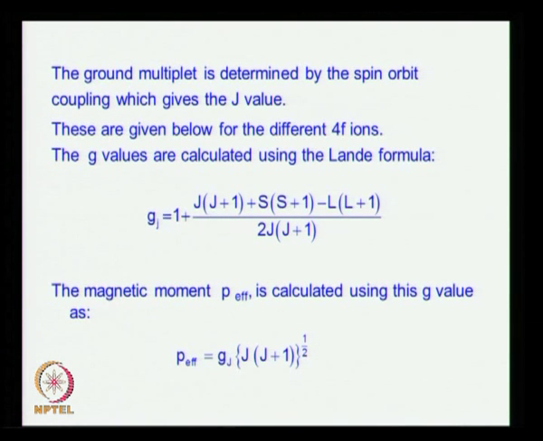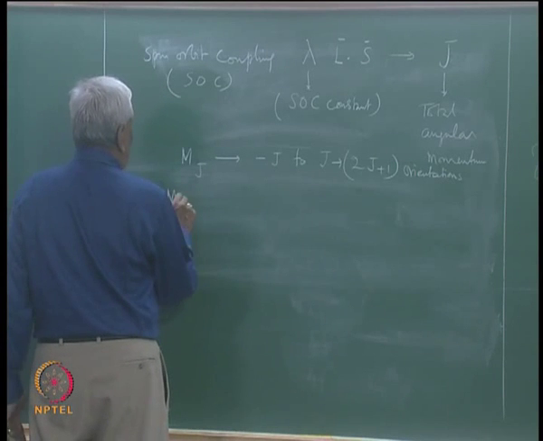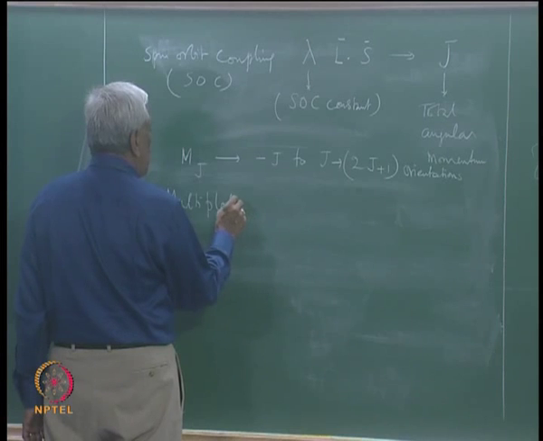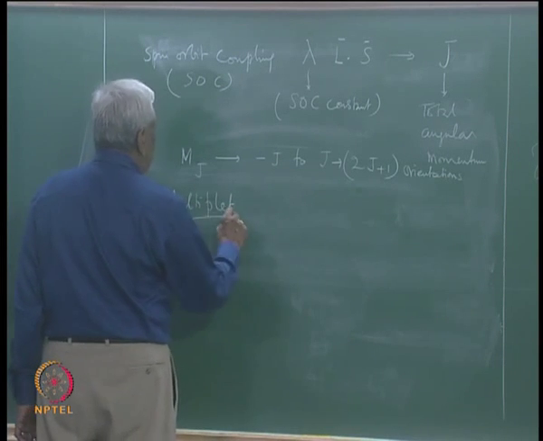So, now these correspond to the so called multiplets. Different J values correspond to different multiplets.